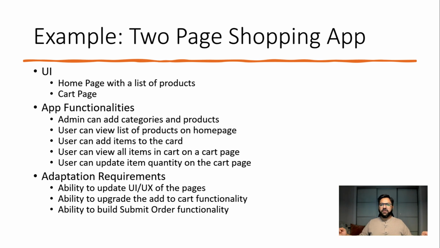And then also the ability to submit the order if they want. The first option, updating the UI UX, will be part of customizations, and the second and third would be part of extending our functionalities. So that's about it. Let's do a small walkthrough of the application first, and then we'll jump into Mendix Studio Pro.